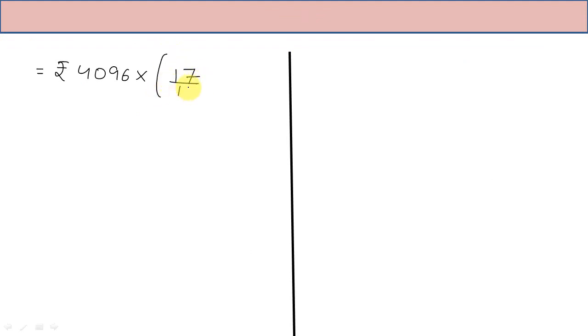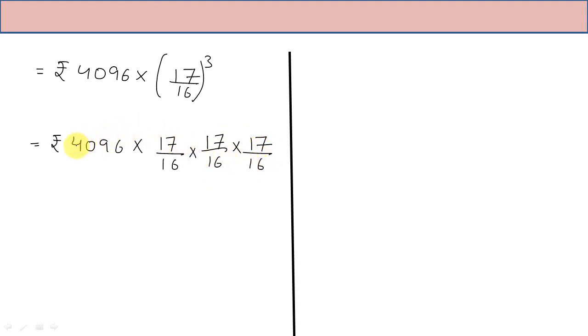So now this can be written as 4096 into 17/16 into 17/16 into 17/16. Now let's cancel 4096 with 16. 2 8s are 16, 2 2s are 4, 2 4s are 8, 2 8s are 16. Again on 2, 2, 4, 2, 1, 0, 2, 2, and 2, 4.